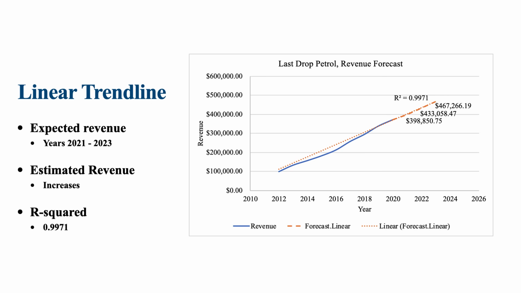Therefore, we infer that the future estimated revenue of your petrol station will continue to grow, and that its revenue will hit a plateau effect on income from the year 2022 onwards.